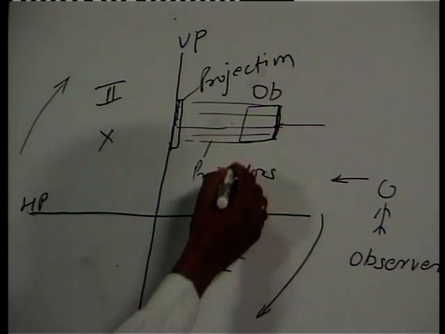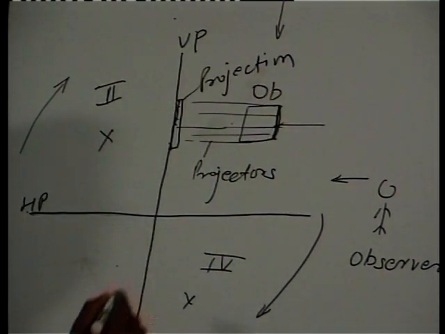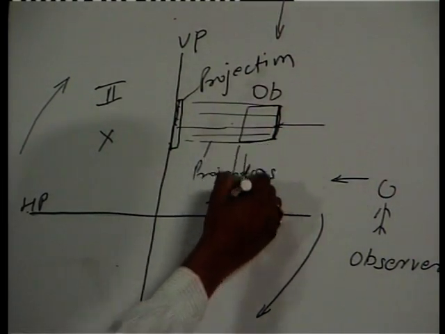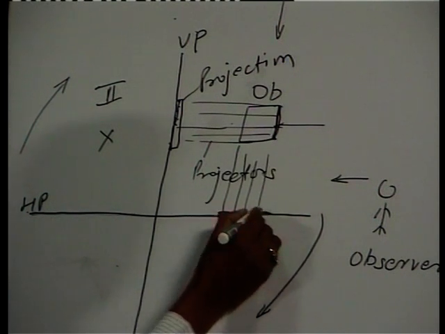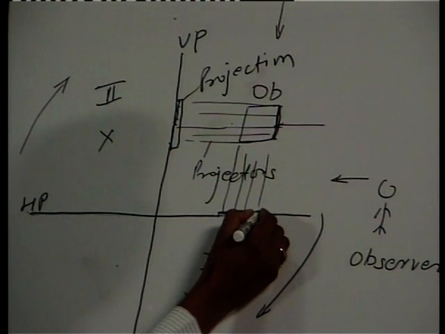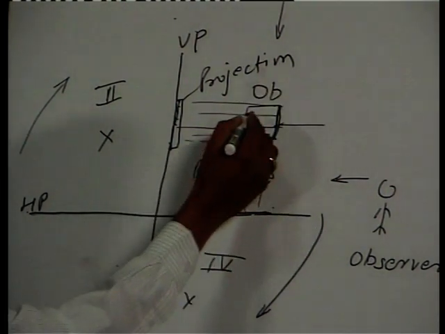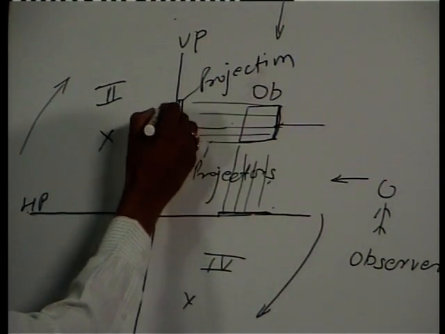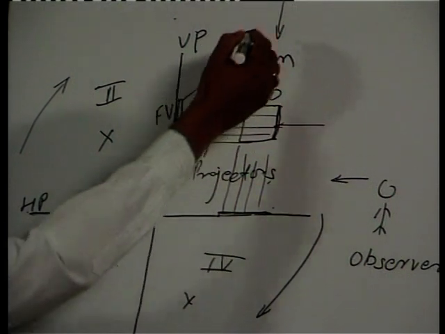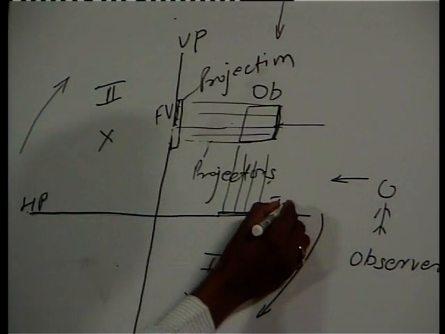Similarly, when you observe from the top direction, you get the view on the horizontal plane. This view is also a projection, and these are the projectors. The view on the vertical plane, observed from the front direction, is called the front view, and the view observed from the top direction is called the top view.